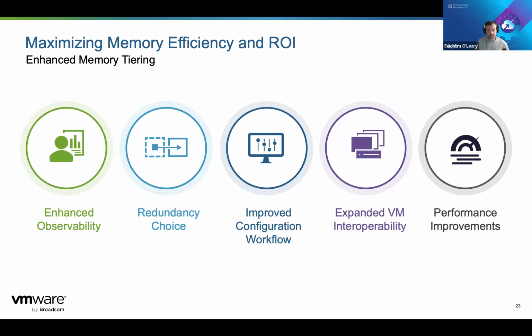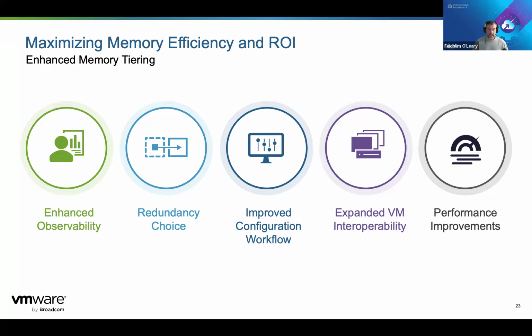We have a redundancy choice. We have hardware redundancy, or we have software-based redundancy. And when we look at the demo, we will actually look at the software-based redundancy, so that you can add 2 NVMe devices and have mirroring for high availability. The workflow, again, we'll see in the demo, is improved, and it uses vSphere configuration profiles.